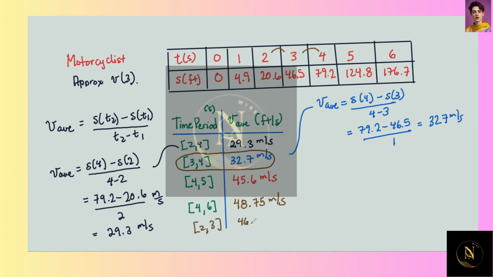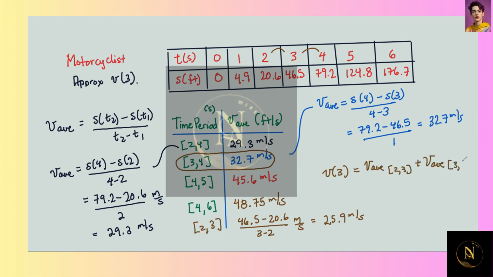It'll be rise over run, so 46.5 minus 20.6 all over 3 minus 2 meters per second. And that gives us a value of 25.9 meters per second. So then to get V of 3, I'm going to take the average of the V average from 2 to 3 and the V average from 3 to 4.